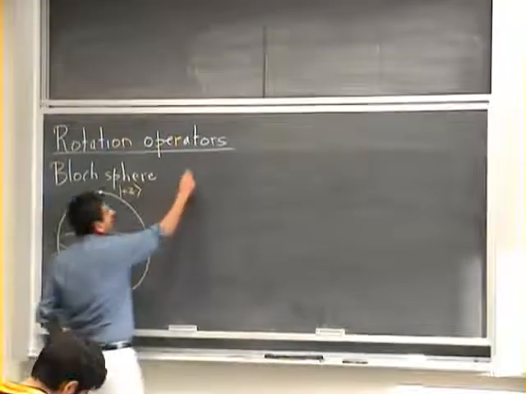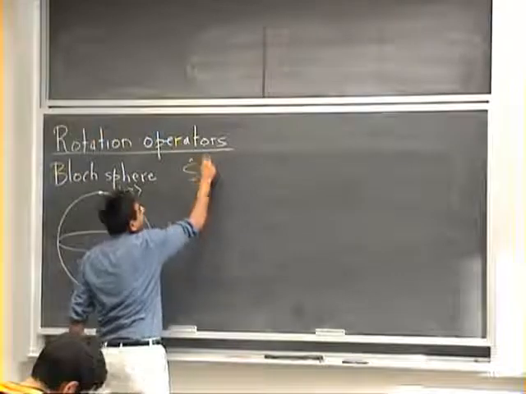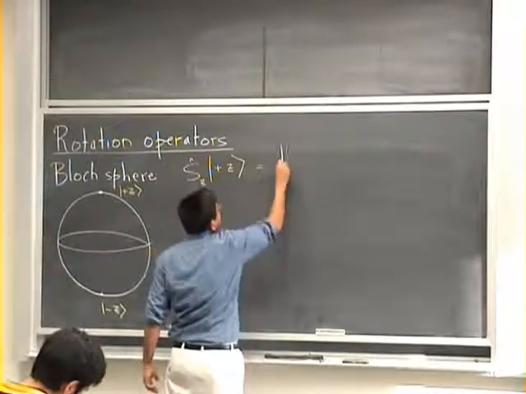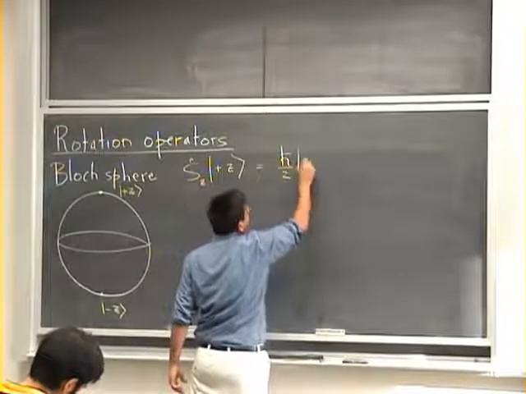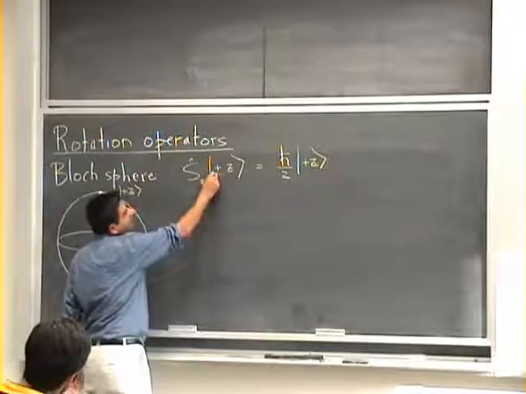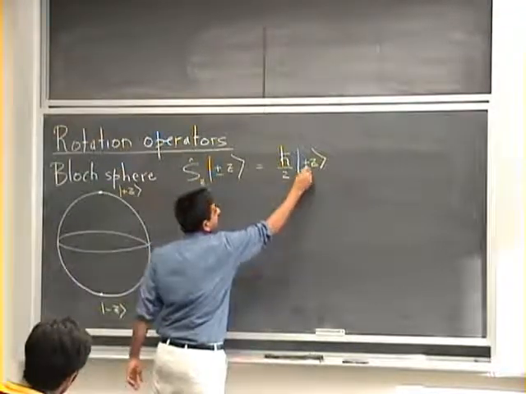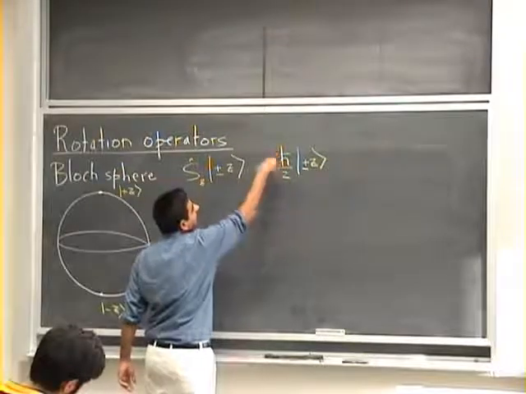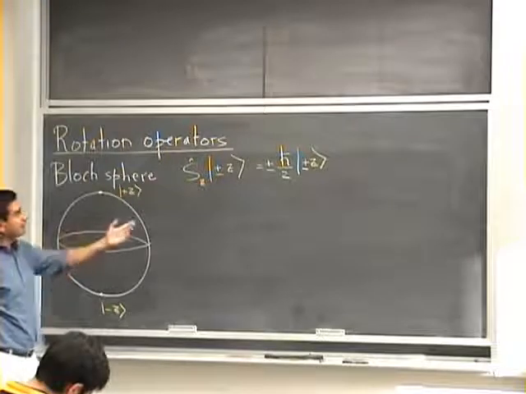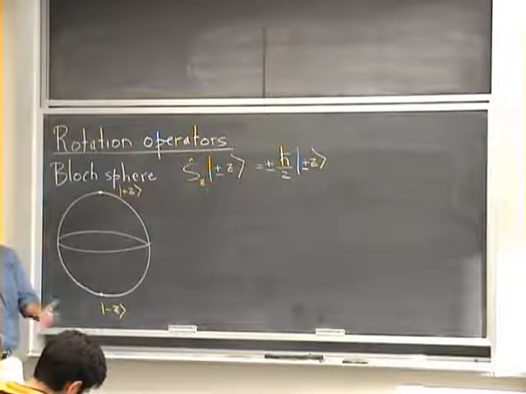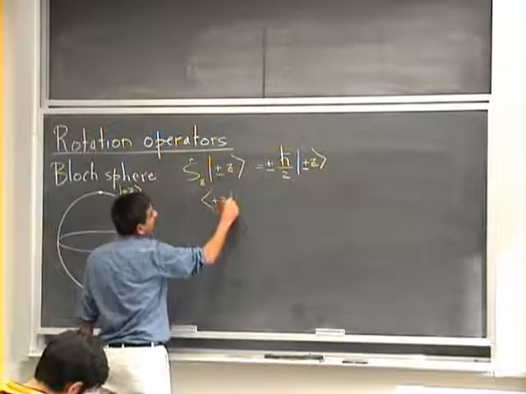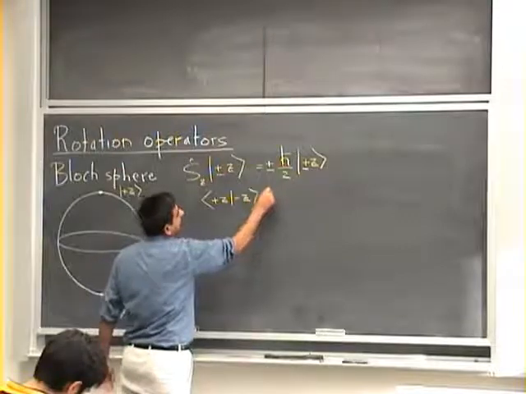So if we have the Sz operator acting on plus z, we would get h bar over 2 and the state will be recovered. If Sz acts on minus z, we will get minus z and the eigenvalue would be minus h bar over 2. So plus z and minus z are the eigenstates of the Sz operator and they are orthogonal. So the inner product between the plus z state and the minus z state is 0.